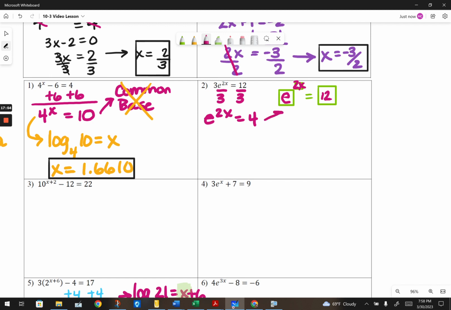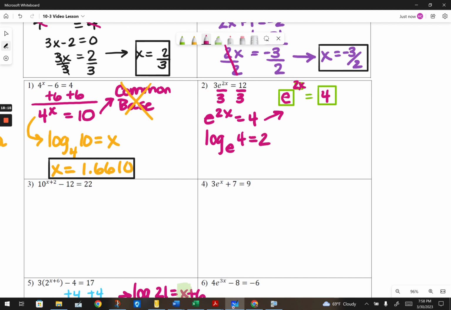So much so that I can take this 12 now and put a 4. Okay, so your exponential must always be written in this format to be able to rewrite it as a log. So log base e of 4 is equal to 2x.